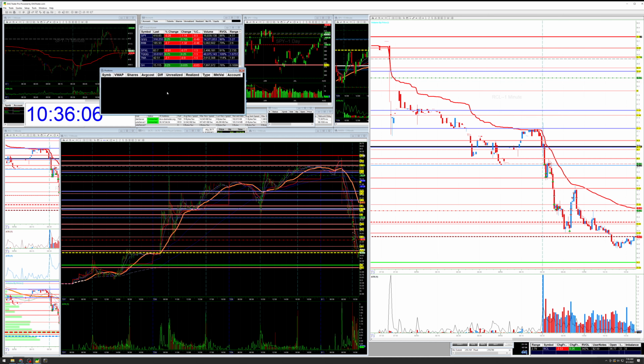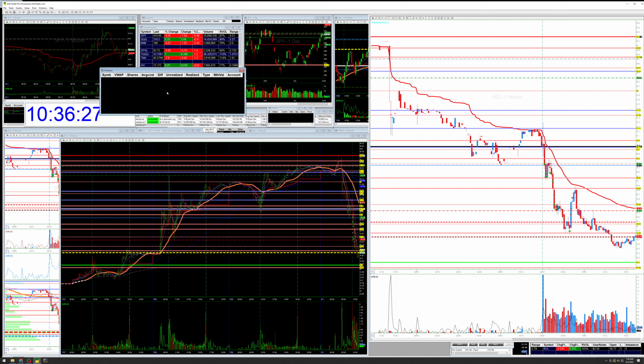So let's say your diff is 50 cents. And then, let's say your diff is $1, right? So it's $1 away from your average cost, and then you have 50 shares left, right? If you add 50 shares, then your diff will be 50 cents. It's basically just like that.